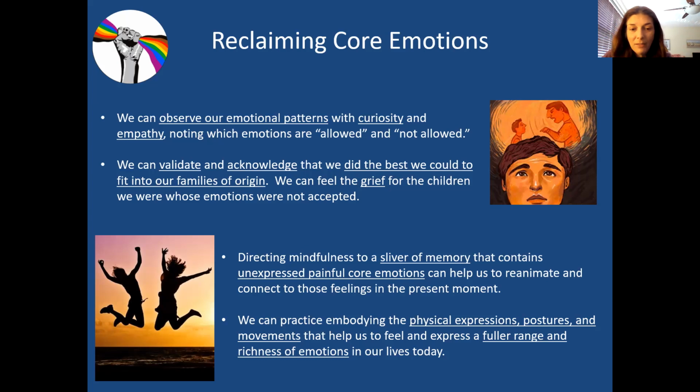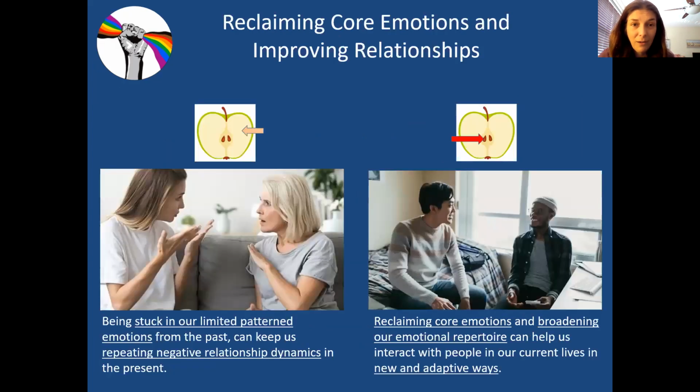Then I could try to get my body into the physical expressions, postures, and movements of that original core emotion, which might have been fear or sadness or shame or whatever it happened to be. And when I practice getting into the physicality of those core emotions, it allows more space for them to happen. But don't worry, there's going to be more exercises later.